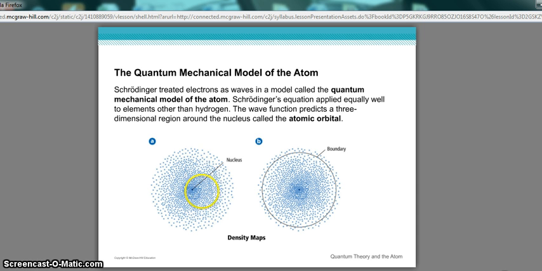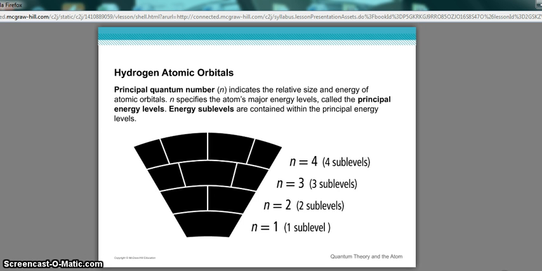Let's take a look at some of these orbitals that Schrödinger described in the quantum mechanical model of the atom. All right, so he basically said that each energy level, and remember that's kind of the same as Bohr, as we get further and further from the nucleus, our energy levels go up from n equals 1 to n equals 2, n equals 3, and so forth.